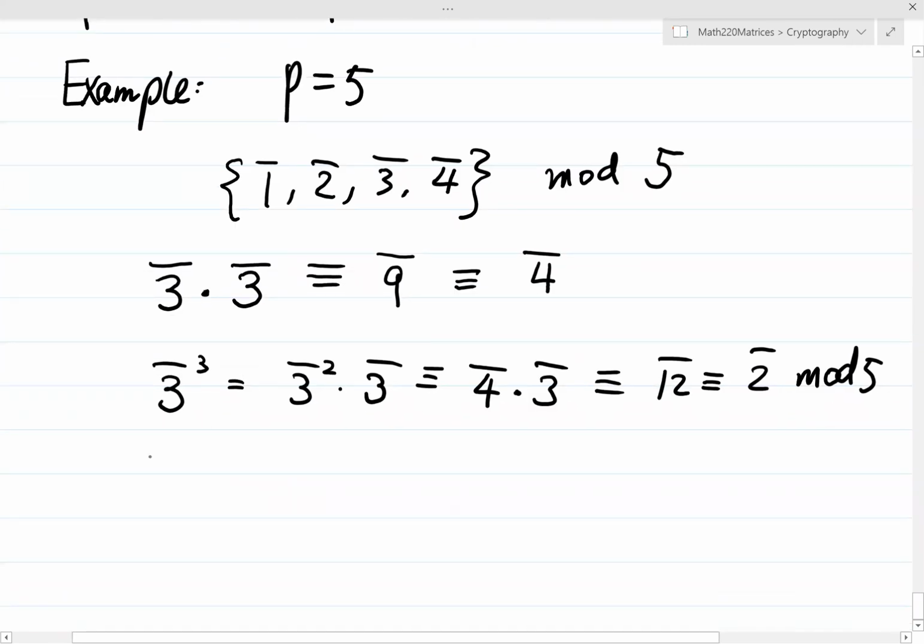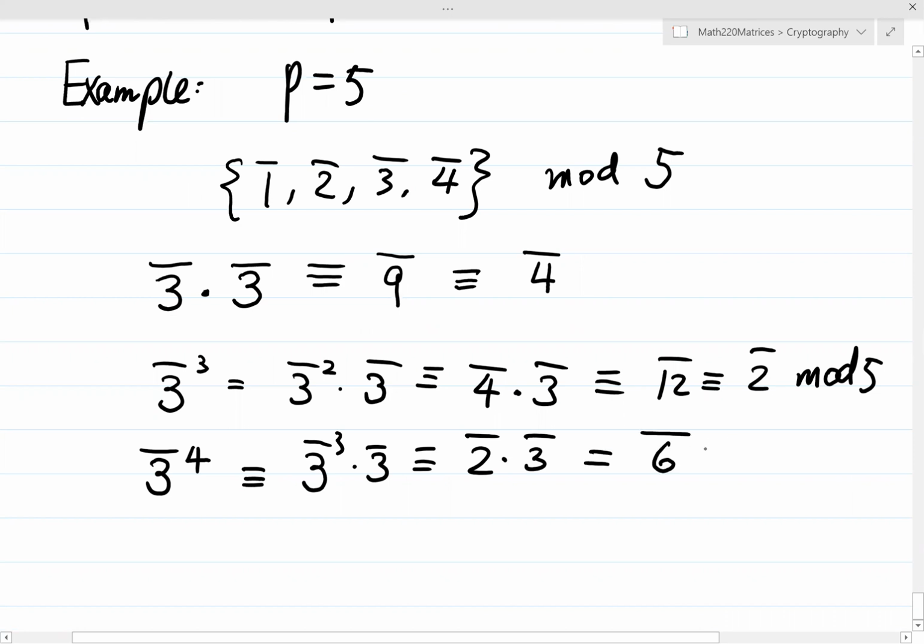Then 3 to the power 4 is 3 cubed times 3, so 2 bar times 3 bar, which is 6 bar. 6 is congruent to 1 mod 5.